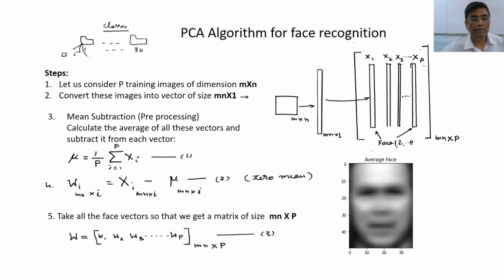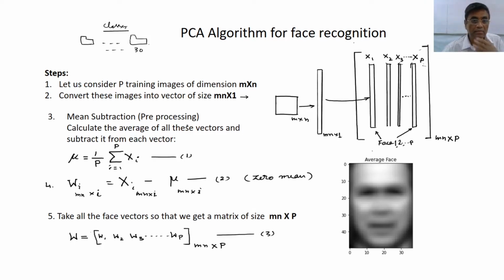You can say 10 faces you have taken, front face, some different orientation, with proper illumination, so that to get a better result you can take the average of all these faces. So you can take a number of faces in each class, and each face has a dimension mn cross 1. These are actually my vectors. So what will be the dimension of this matrix? Mn cross P.